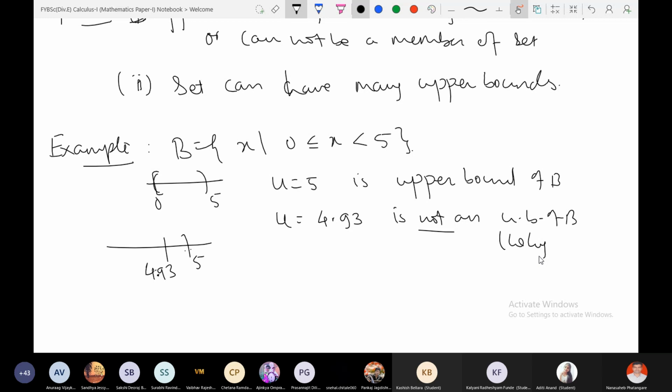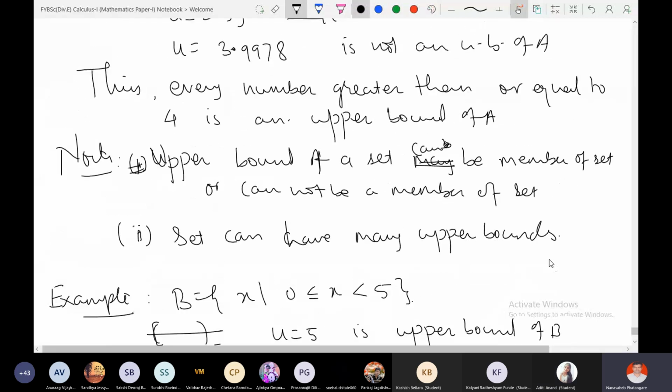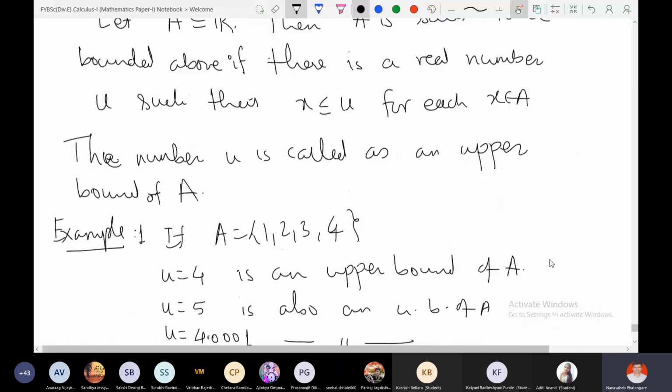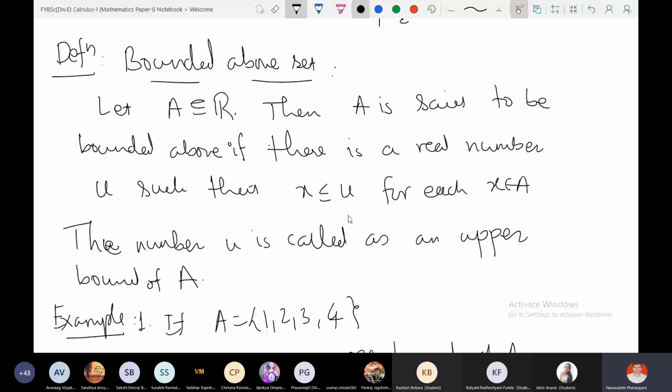Why is 4.93 not an upper bound? Because there exist many real numbers between 4.93 and 5. Yes, because there are many members of the set which are greater than it. For a real number to be an upper bound, what condition should that number satisfy? Each and every member of the set should be less than or equal to that upper bound.